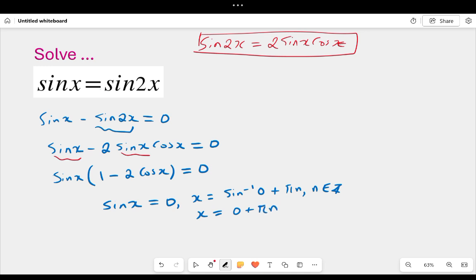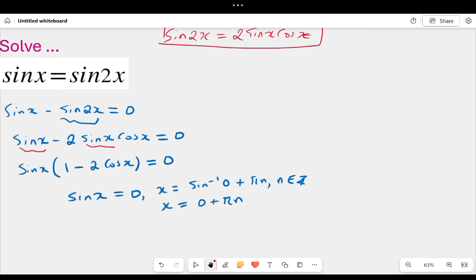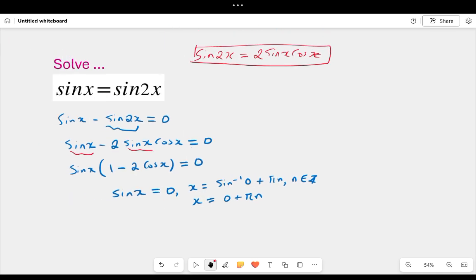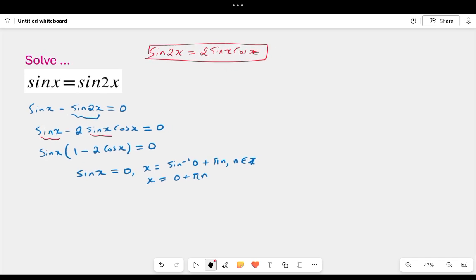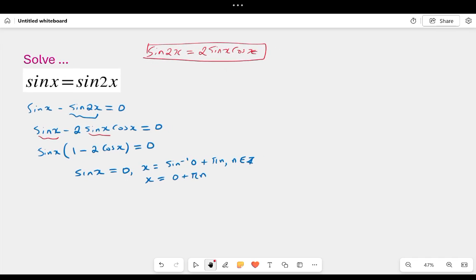All right. Then the next one is going to be as a result of what we had inside the bracket, this one here.